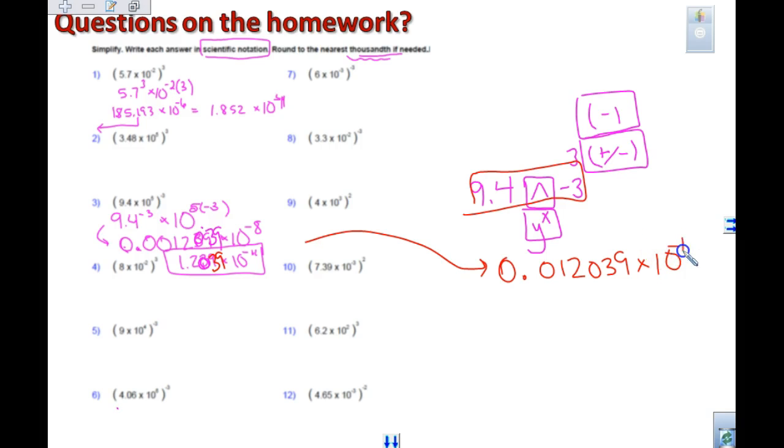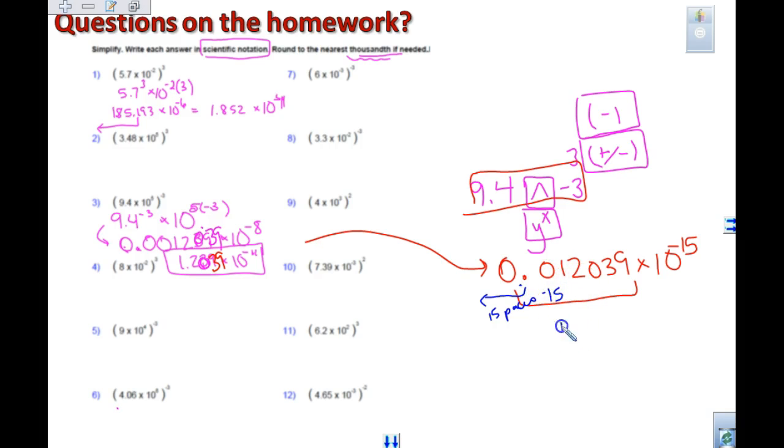We get negative 15. This number is not in scientific notation. But just to be clear, this was telling us, this times 10 to the negative 15. What this negative 15 told you is that you should move this decimal over 15 more places, right? That's what the negative 15 means.